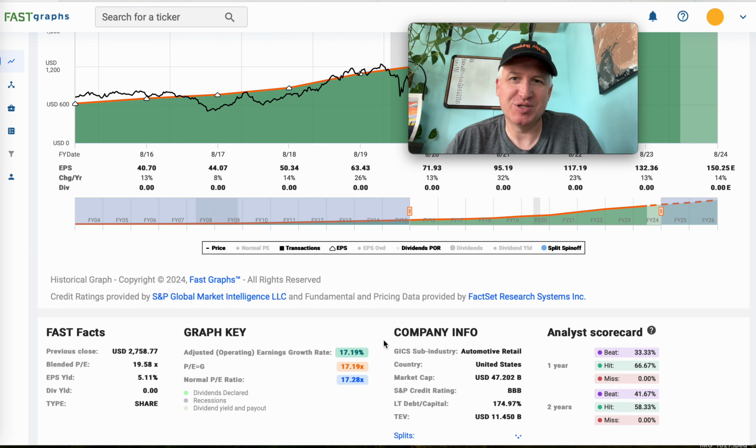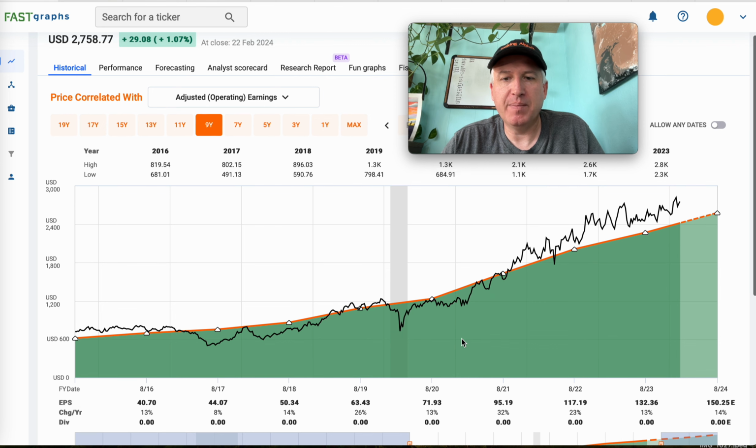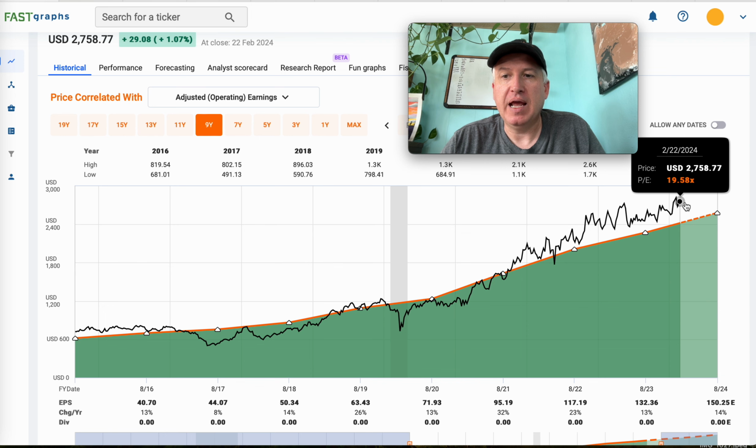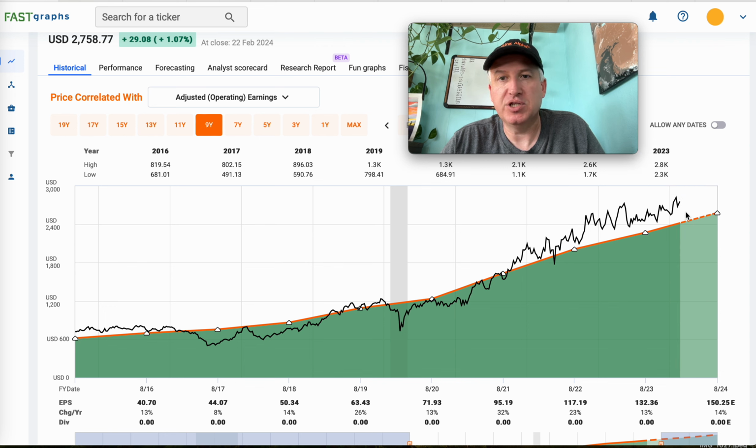Normally it's much smaller, but it really makes a difference in these cases, because if you take a 17% earnings growth rate and apply it to this 19 current or blended PE ratio that FastGraphs has, that's almost a buy right here. So it can look really attractive, and it's only kind of attractive. I mean, it's fairly valued. It's not overvalued even when you make the adjustment.